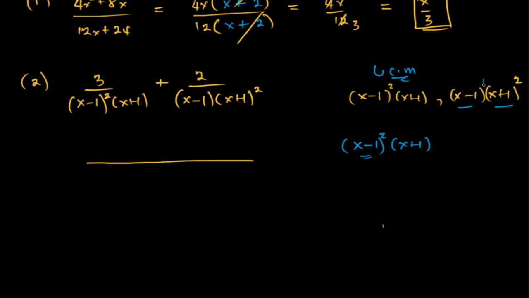But the power here is 1 and the power here is 2. So we retain this. We move to the next one. x plus 1, the power here is 2, but the power here is 1. So we retain the one that has the highest power, which is this. And since we do not have any other one, this is going to be our LCM. So we're going to write our LCM straight up.